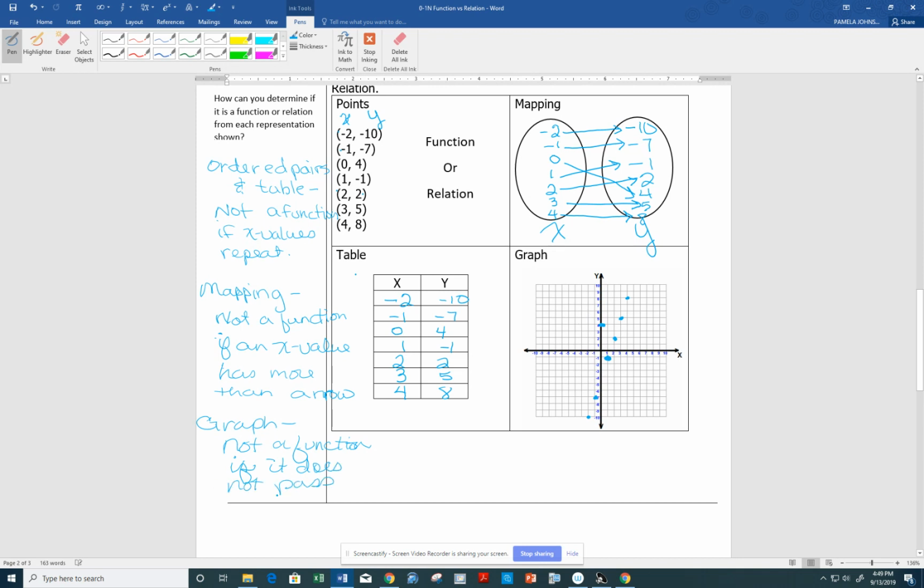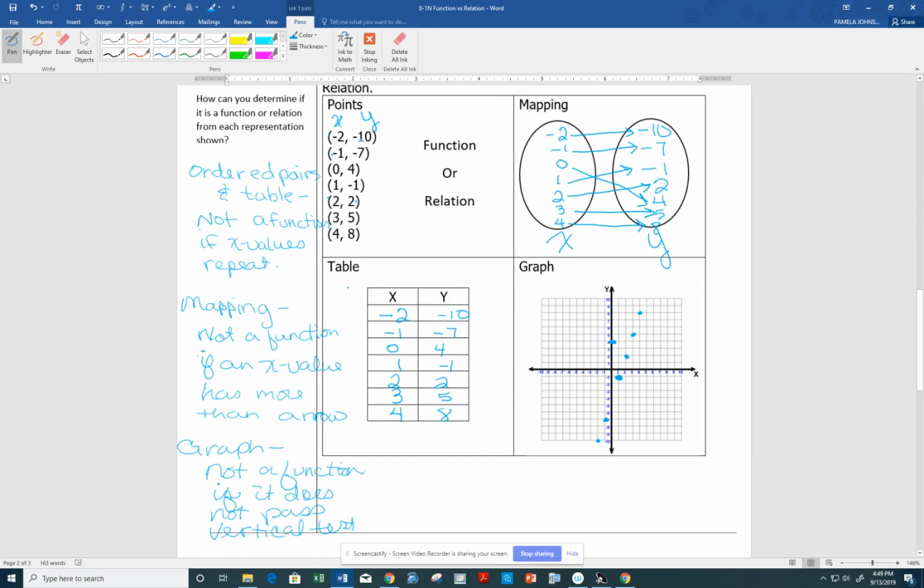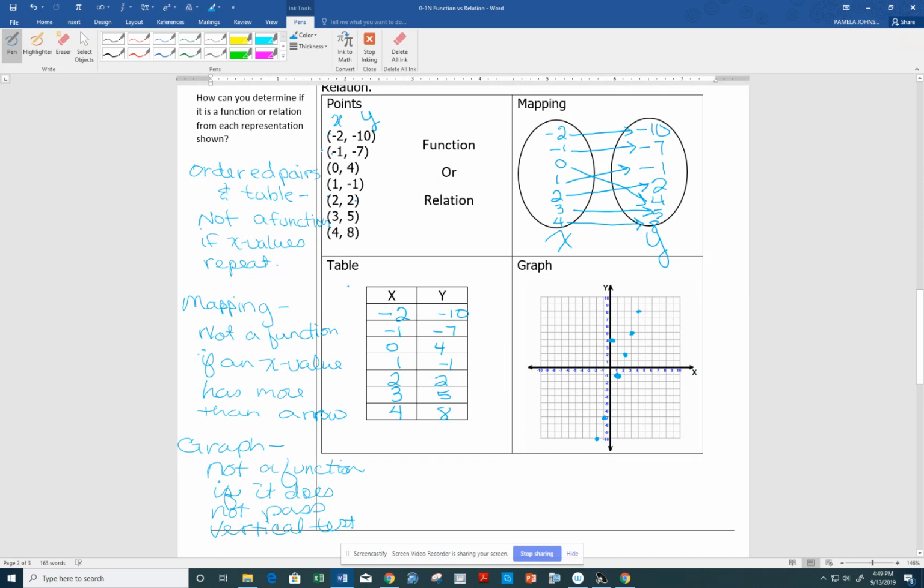All right. So take a look at the set of coordinate pairs that we have here. Okay. If we look at our x values, none of these repeat. None of our mapping x values have more than one arrow. They all only have one. None of our x values repeat in the table.